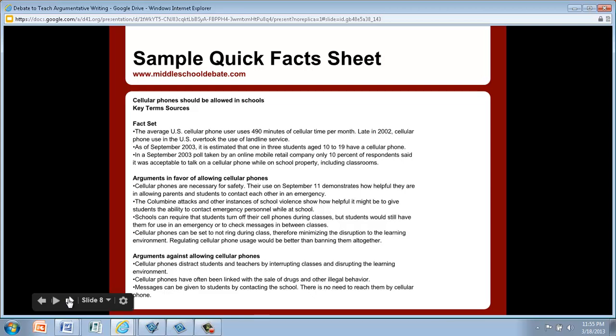This is not intended to replace any research that the students do on their part, but rather give the students a starting place. Once they know this information, they have a better idea of what questions they should be asking or what they want to know more about, and that could lead them to further research.